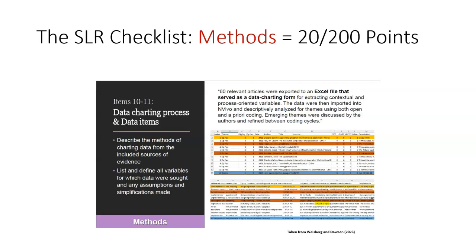If you take a look at the example on the screen, this comes from an article that was shared in our course by Weisberg and Dawson. If you remember, Weisberg was our guest speaker on November 30th. In her systematic literature review, for which she used the PRISMA approach, she landed on 60 relevant articles.